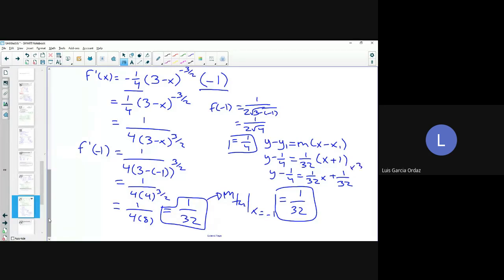So I multiply both sides by 32. So I'm left with 32y minus 8 is equal to x plus 1. And I get 0 is equal to x minus 32y plus 9. So that would be my standard equation of the tangent line.